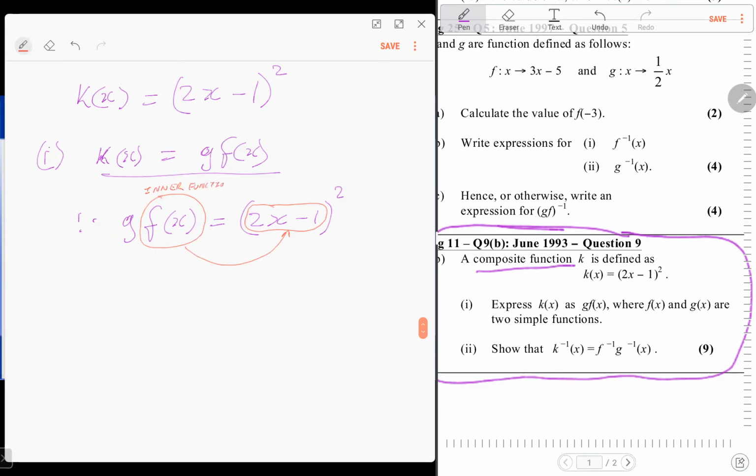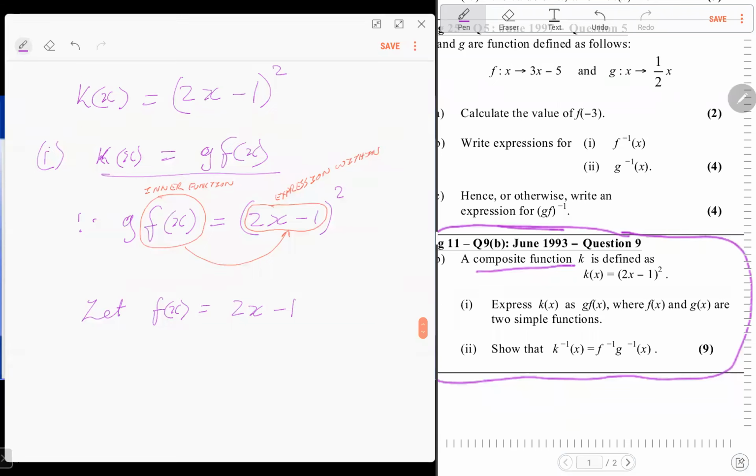This is the inner function, and this is what we call the expression within. So make them equal. I always find the inner function first. All right, so we're going to say let. That's the procedure we're doing now. Two-step process. Let f of x be equal to the expression within, which is 2x minus 1.